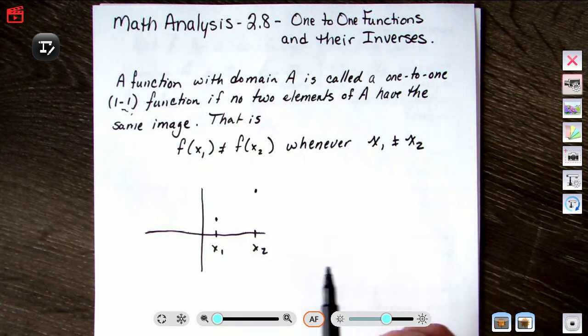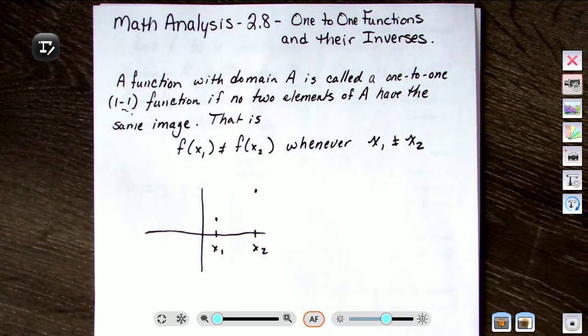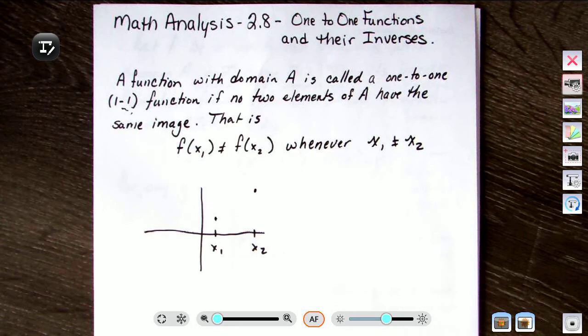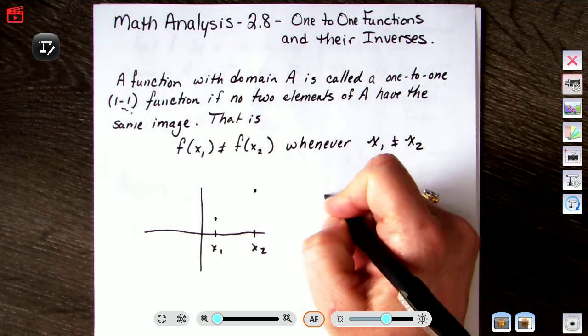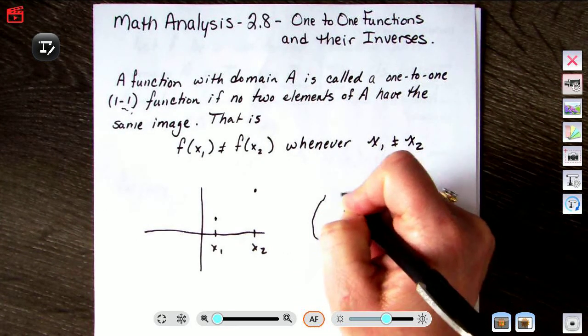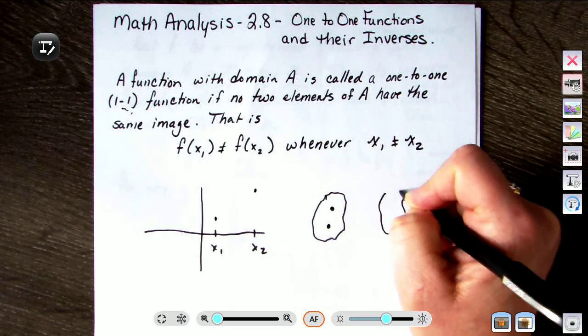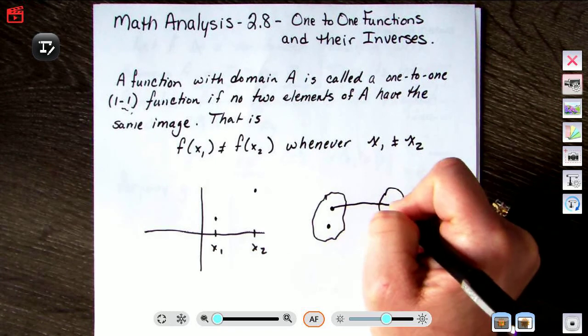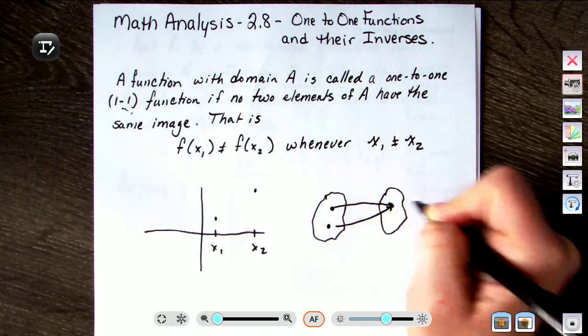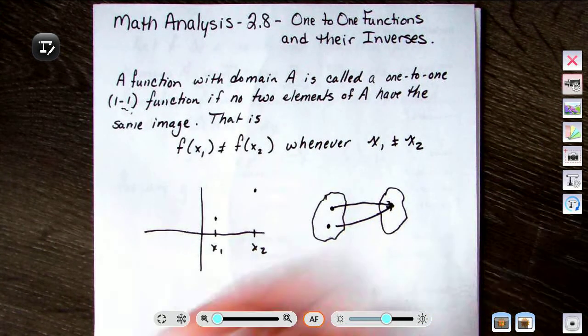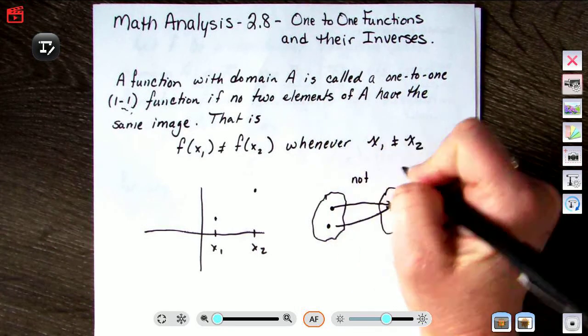So no x value will map to the same y value. If we had our pictures from before, we don't have this sort of thing going on. We don't have two values mapping to the same thing. This one is not one-to-one.